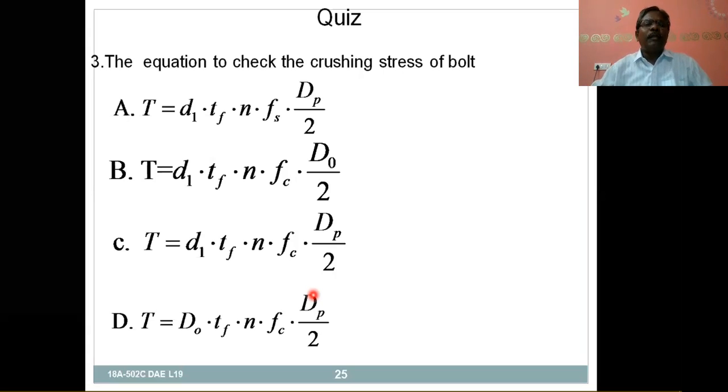So finally the leftover answer is C. In this there are no wrong notations: d1 is right, TF is right, N is right, FC is right, and dP is also right. That's why C should be the answer for this equation.